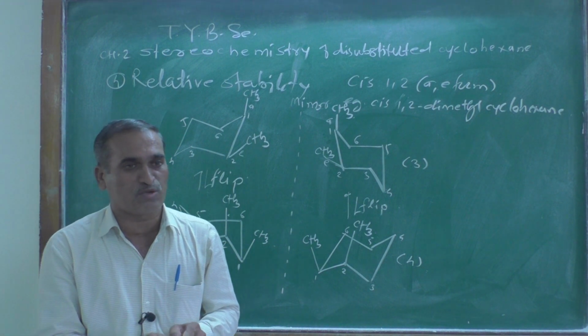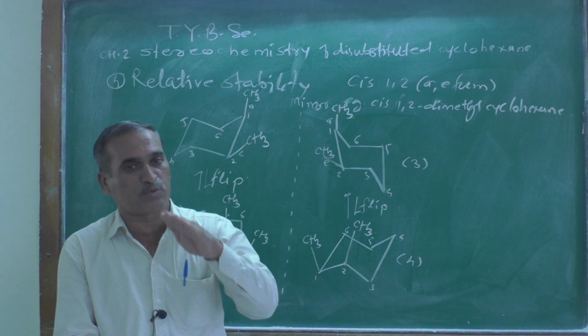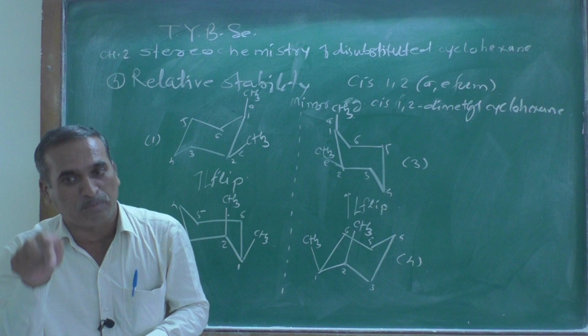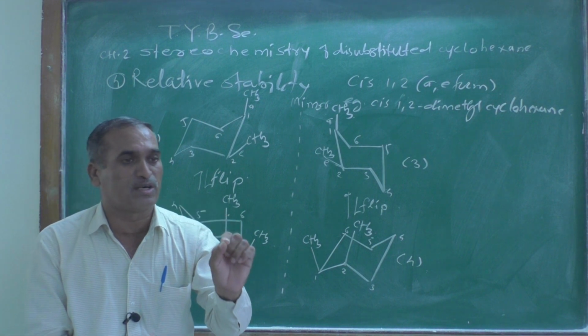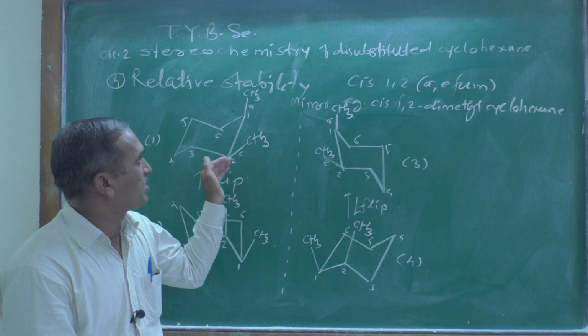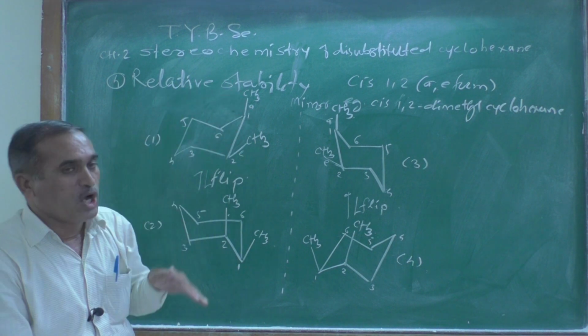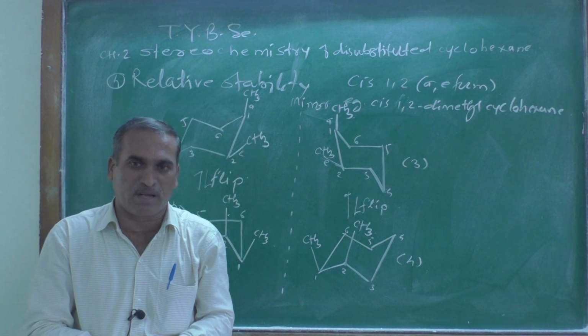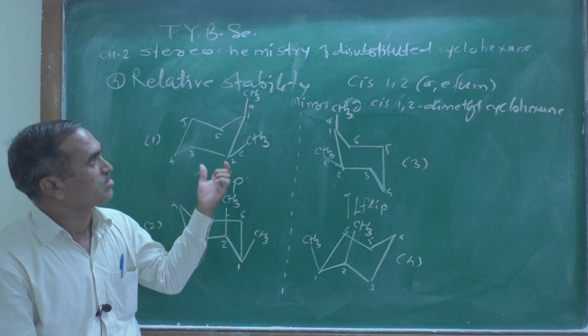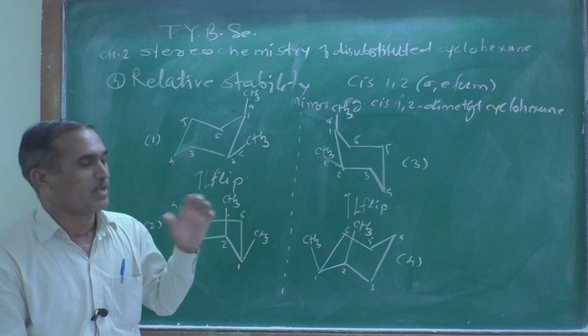Whereas a trans isomer means one of the substituents is present above the plane and the other below the plane. Remember, here both the methyl groups are on the same side of the general plane, and therefore these structures are cis isomers, right?